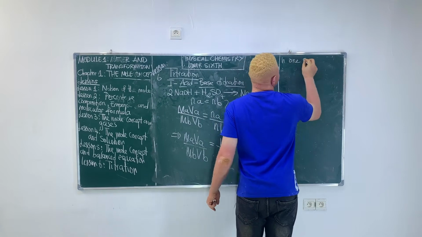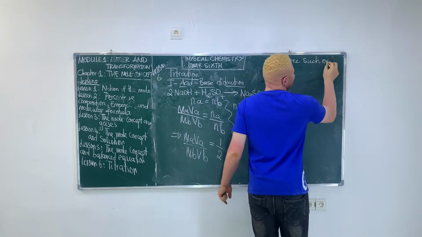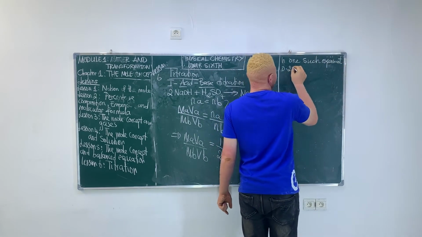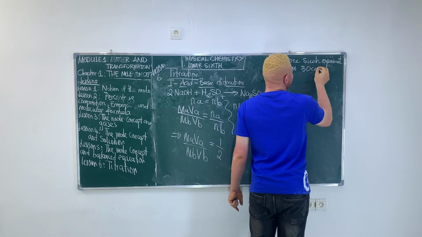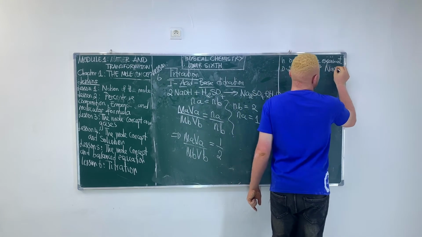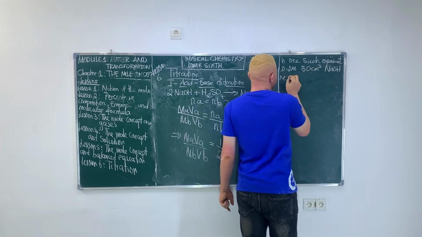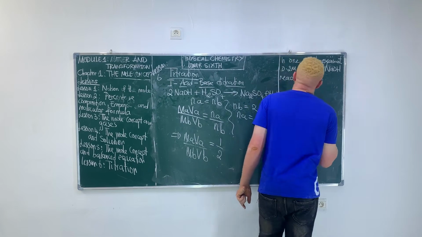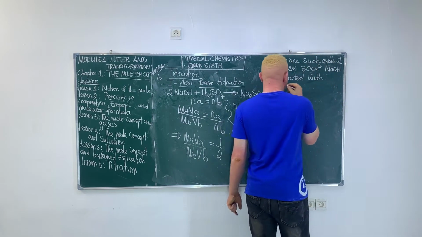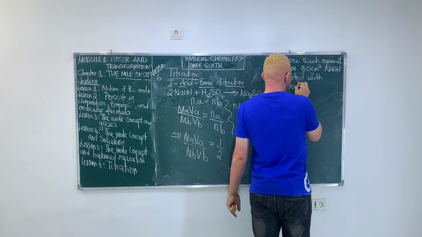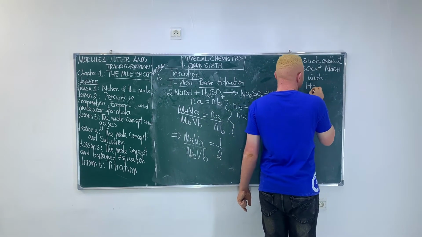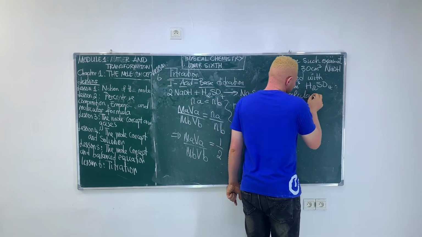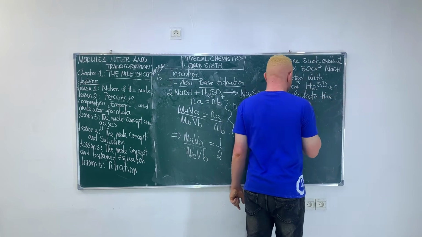In one such experiment, 30 cm3 of sodium hydroxide reacted with 10 cm3 of sulfuric acid.